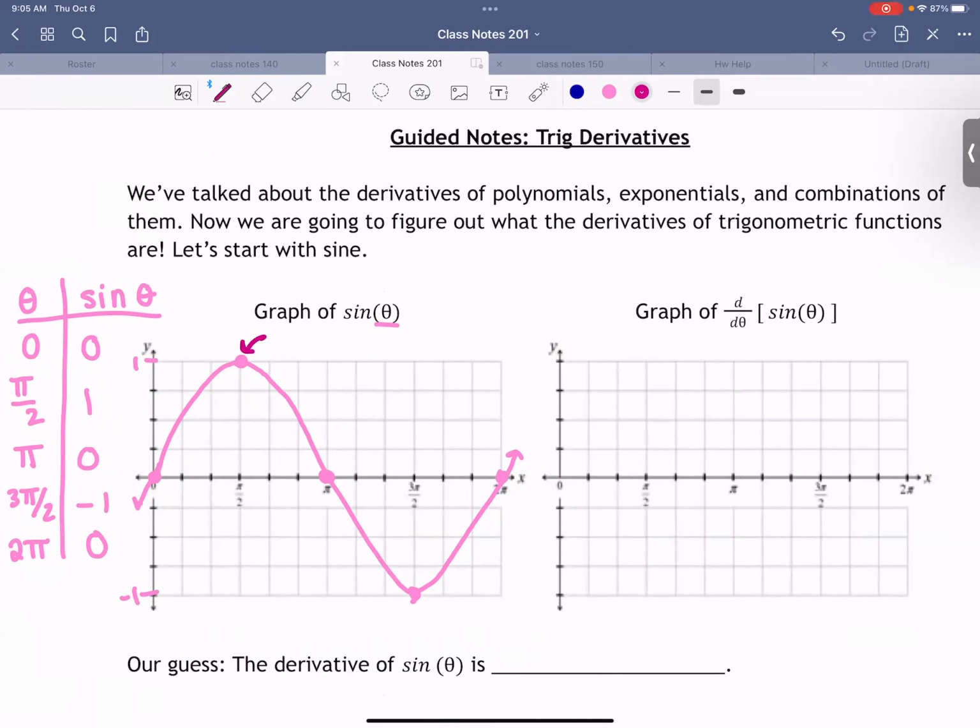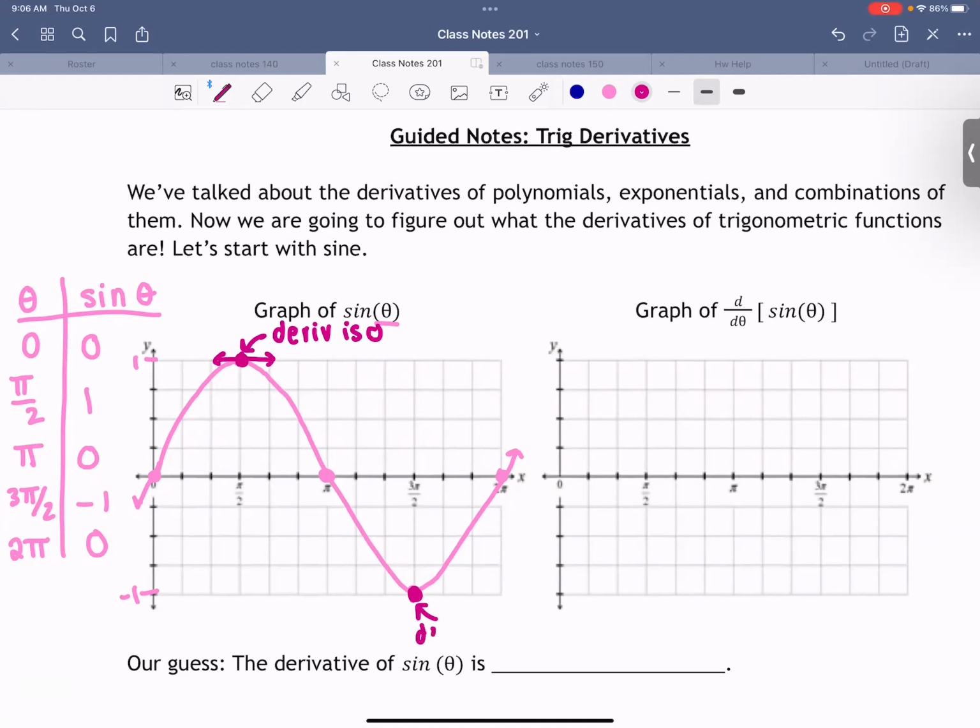So at the turning point, we know that the tangent line is horizontal. What does that mean about the derivative at pi over 2? That's 0. Good. So at pi over 2, the derivative is 0. The same thing happens at 3 pi over 2 because it's a turning point, right? So the derivative is 0 here.